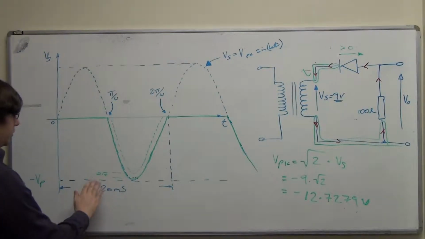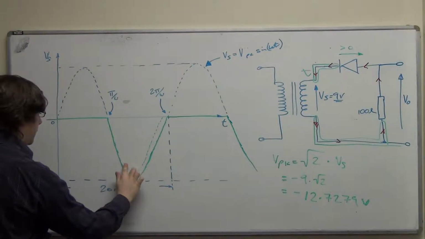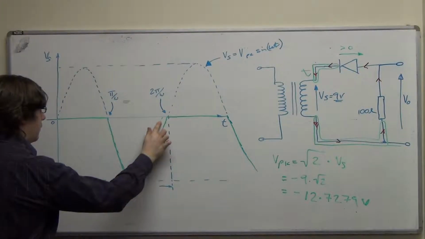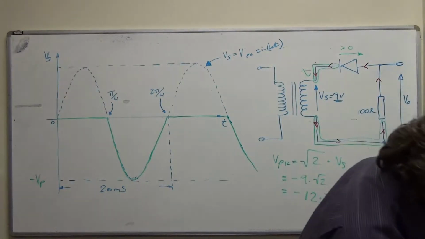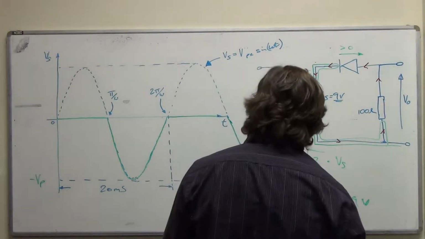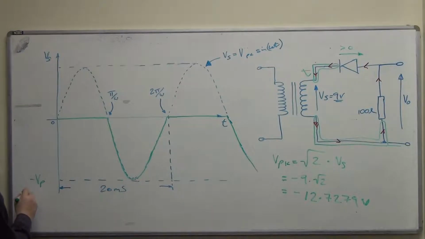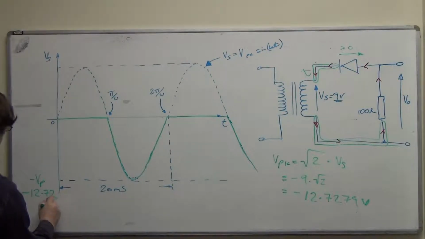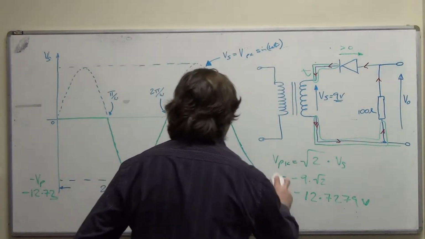But that's not what the question asks, so we won't worry about it. So we can actually write this on the graph as well. It's minus 12.72, or 73 if you like. Okay, that's fine.